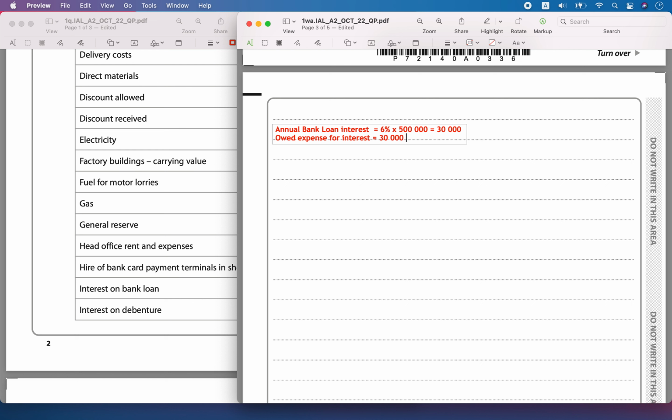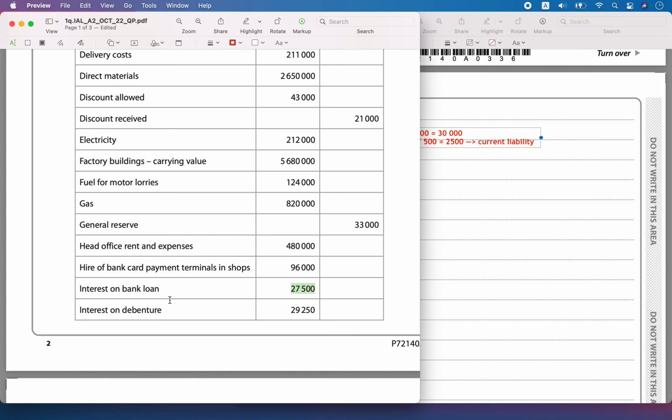So as of now you won't need this information, but it's knowledge. So 27,500 is paid, and 2,500 is an owed expense, so it will appear in the current liability section.